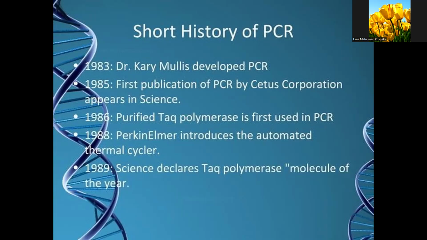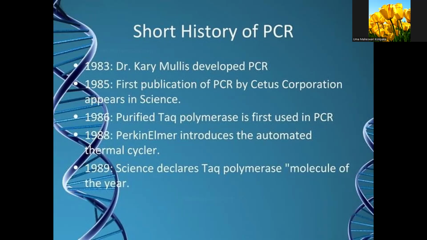Next, Taq polymerase is first used and purified in PCR. Taq polymerase is an enzyme extracted from a specialized bacteria, Thermus aquaticus, and this enzyme was purified for the first time and used in PCR in the year 1986. Next, Perkin-Elmer introduces the automated thermal cycler machine.